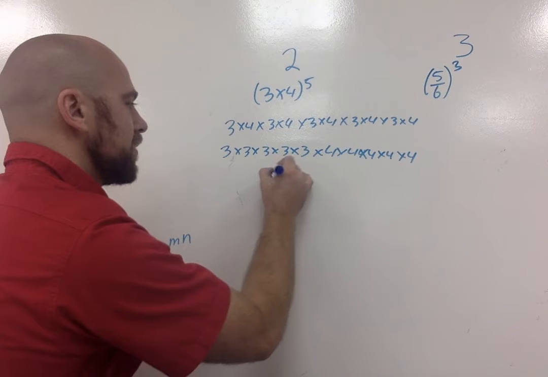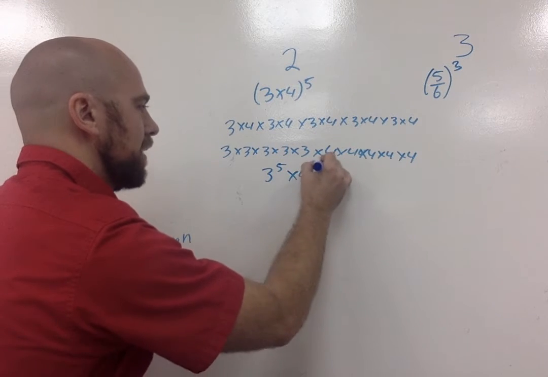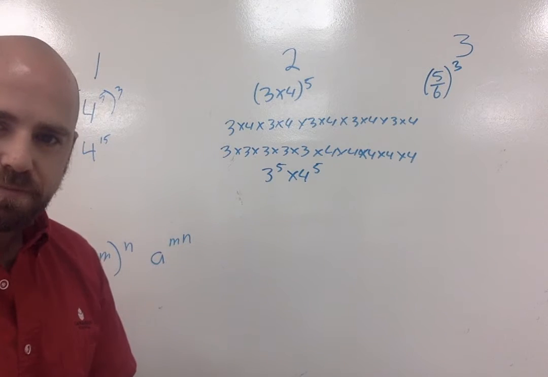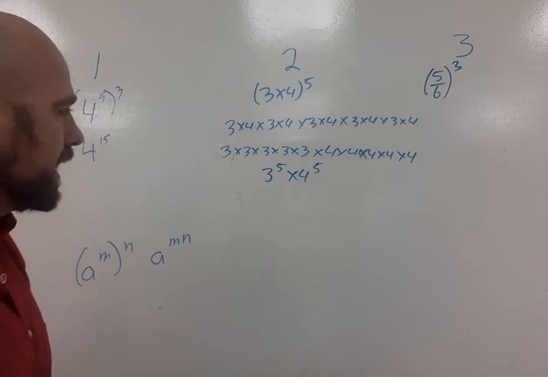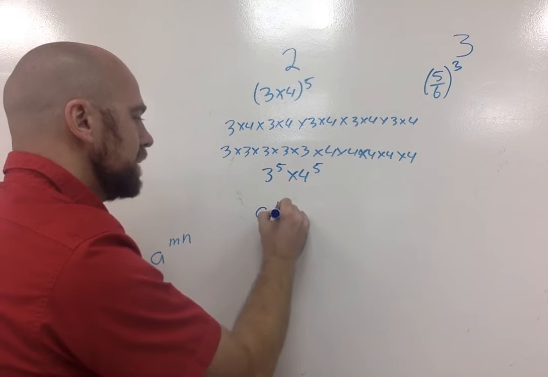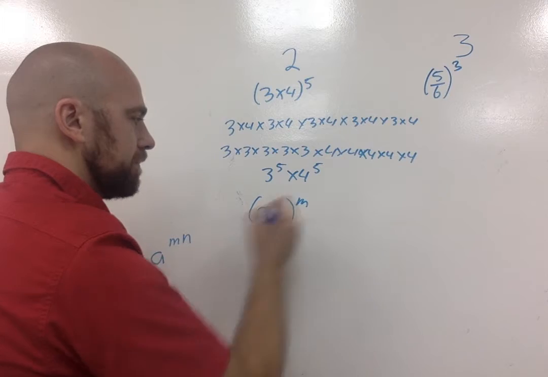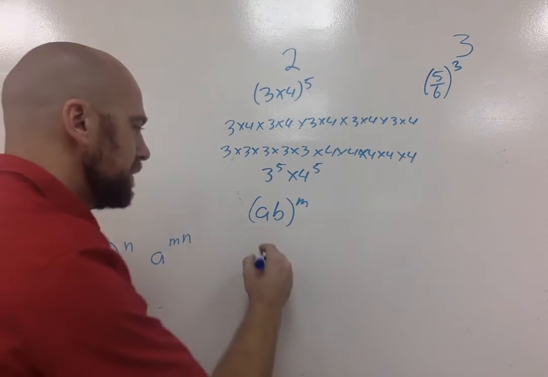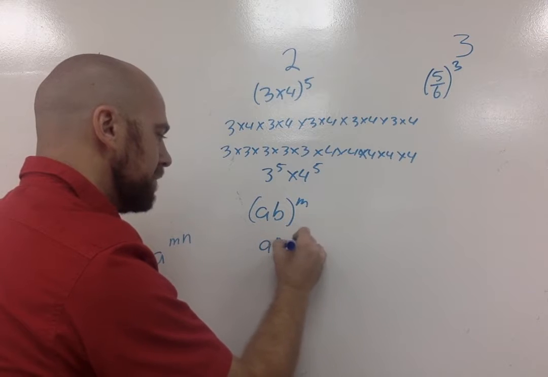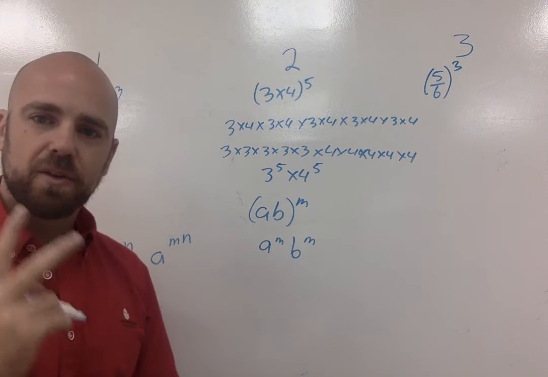So when we have something like this, we can now simplify it. We can say 3 to the power of 5 times 4 to the power of 5. So the rule we have is that A times B to the power of M becomes A to the power of M times B to the power of M. So this is our second rule.